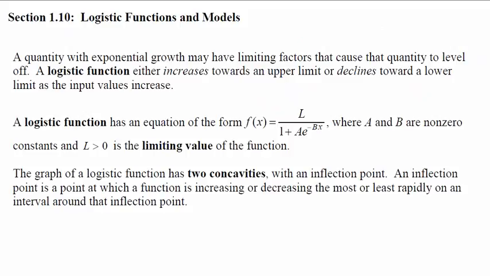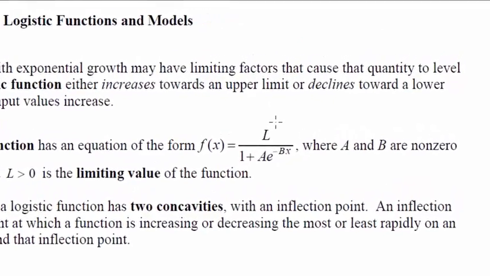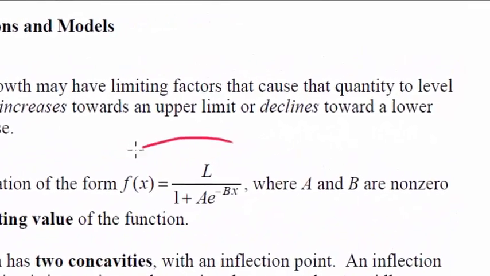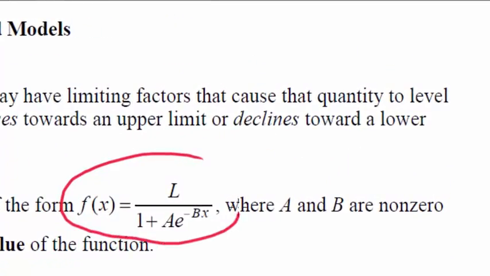A logistic model is going to be in the form that we have here. In our other models we've always used A, B, and C, but here we use capital L, capital A, and capital B for our coefficients. This L here, you can think of as the limit.